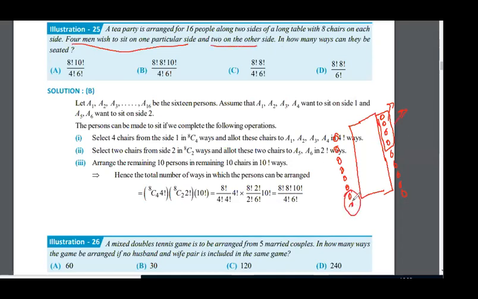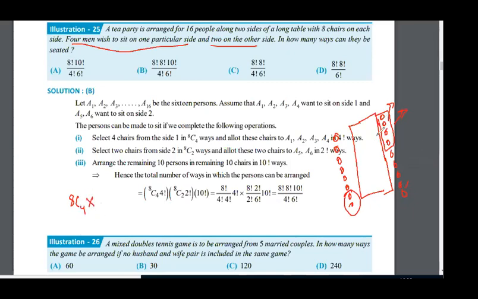Right? Got it? So I can say that this four is among this eight. Yes or no? Tell me, yes or no? Right? So it is selecting four out of eight. Selecting four people out of 8 people, which is 8C4 into.